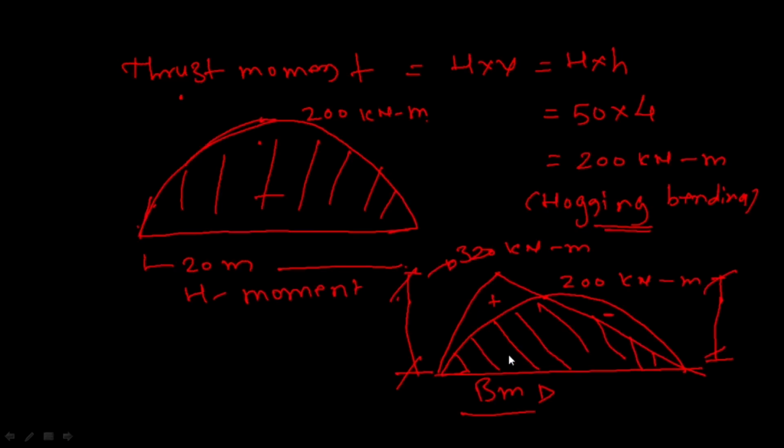So this is the superimposition of the beam moment over the H moment. This is our question: find the radial shear, then normal thrust, and finally the BMD. Thank you.